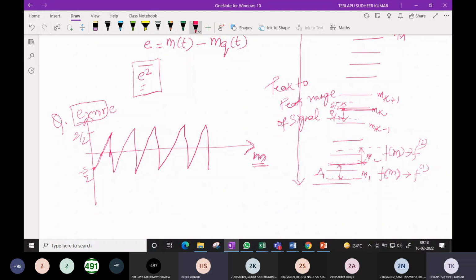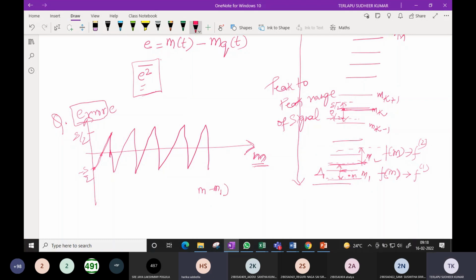Now I'm saying mean square error. Assume this is my M1. If this is my signal value, say M, then my error would be M minus M1.